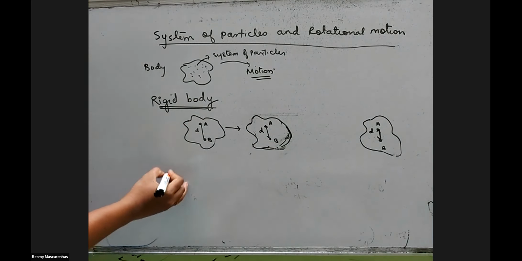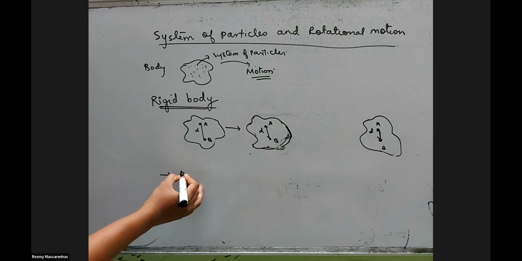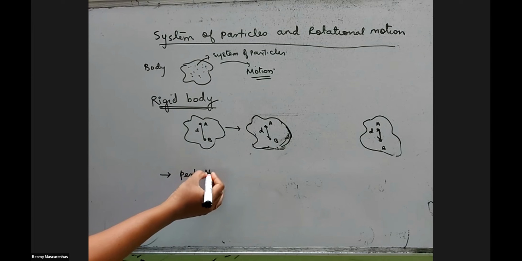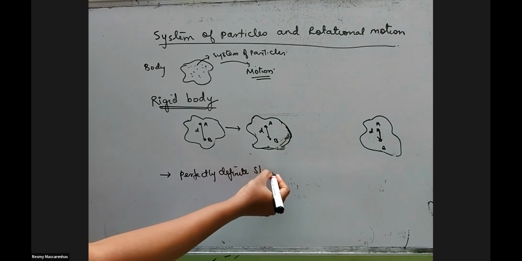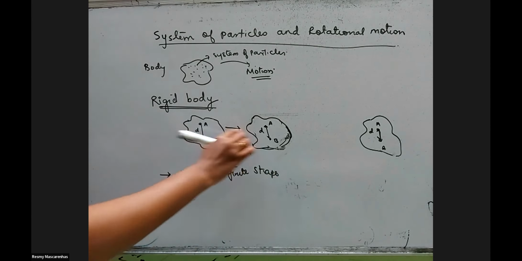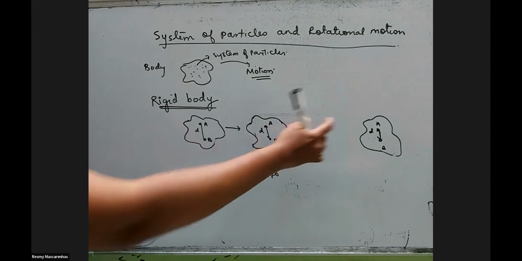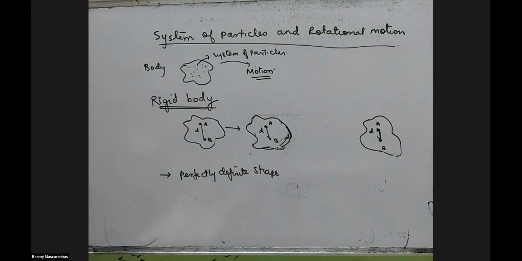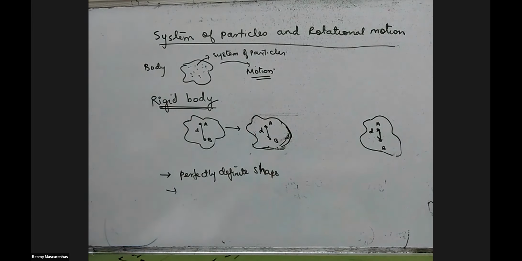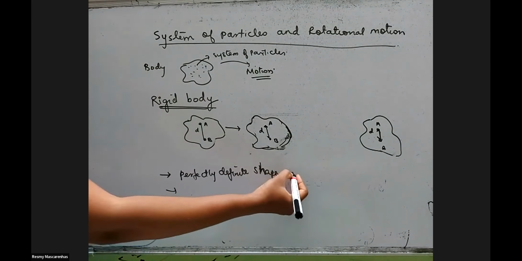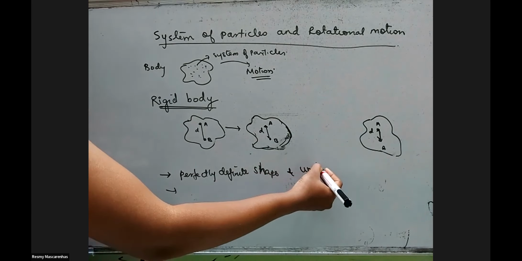Rigid body, the main thing you need to know is it has a perfectly definite shape. Now, although I have not drawn the proper shape, the shape will never change. It will remain from here to here the same. Perfectly definite shape. And the second thing, very important, unchanging shape.